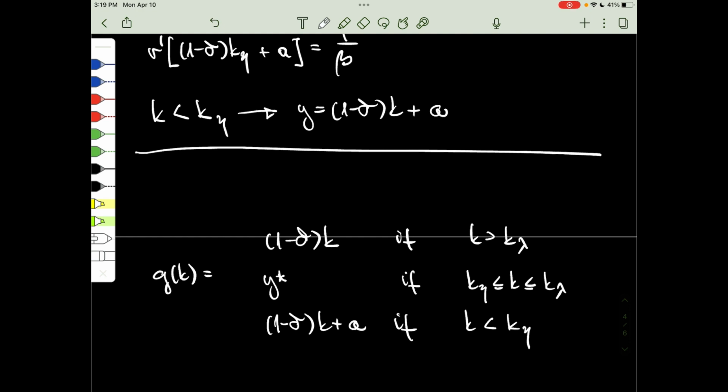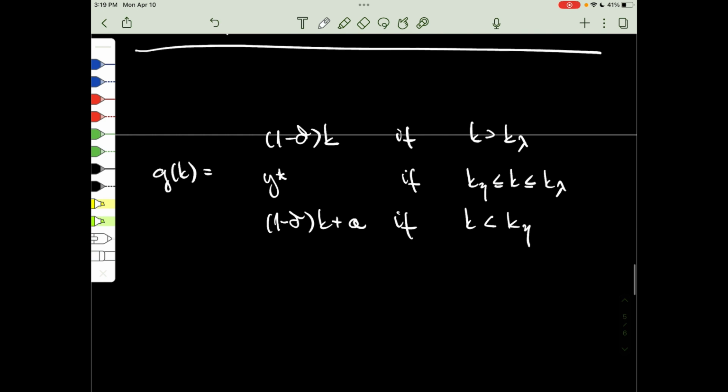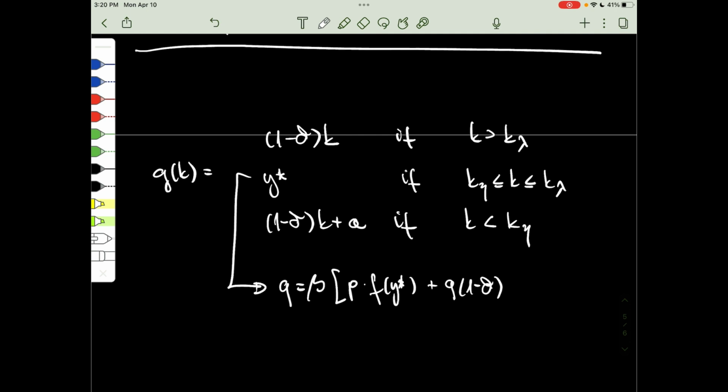Okay, and the interior solution is described. This is just a reminder because we have already covered this. So the optimum solution is described by this implicit expression.